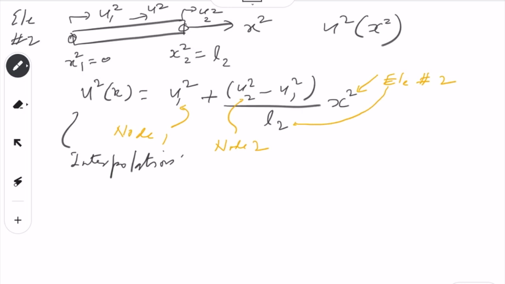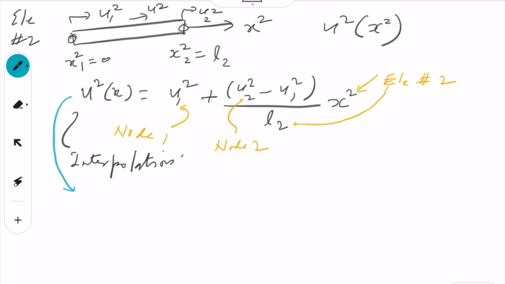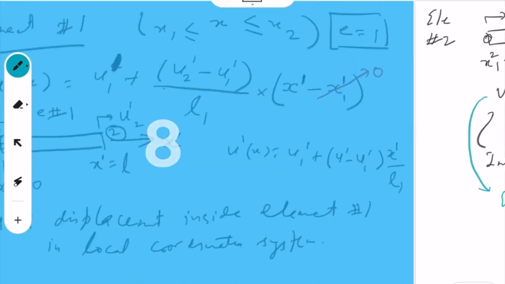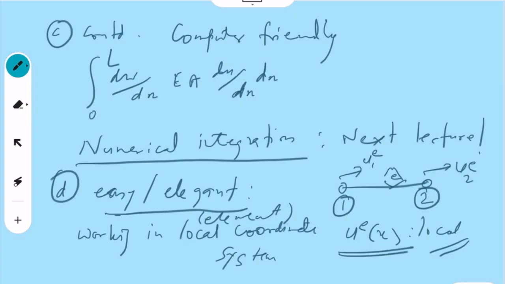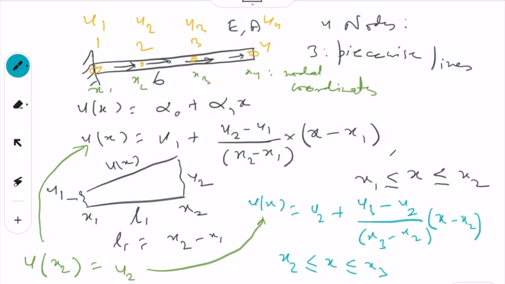Similarly we can write for the third one, from here we can extend to the third one, if at all there is a third one. Our example has 3 elements, so 1, 2, 3.